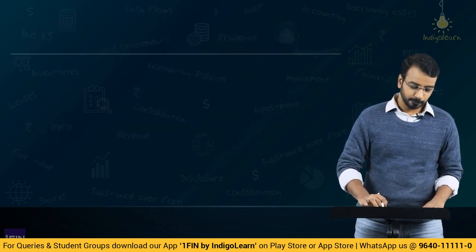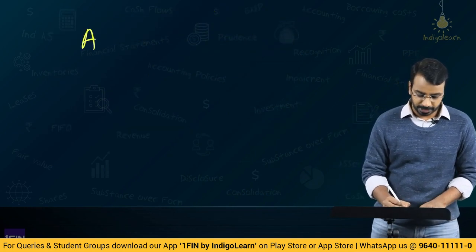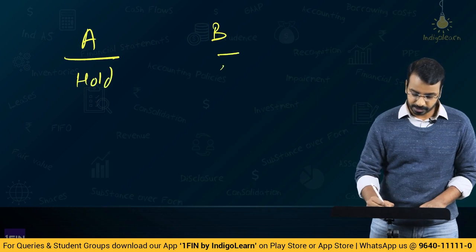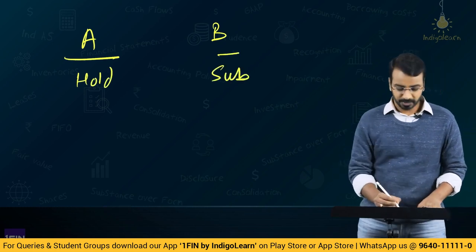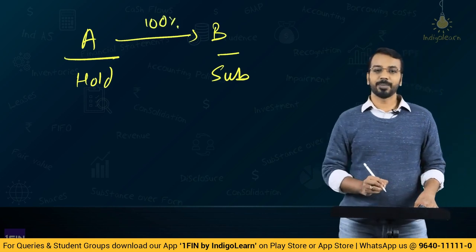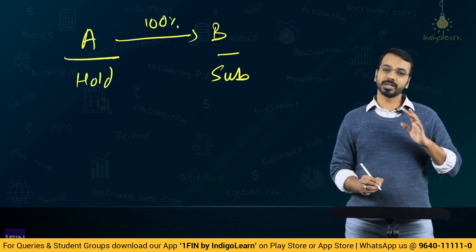So say for a moment, currently you have holding company A, subsidiary company B. This is the holding company, this is the subsidiary company. A holds 100% of the share capital in B. So it is a wholly owned subsidiary.